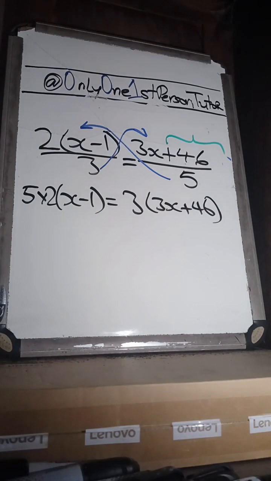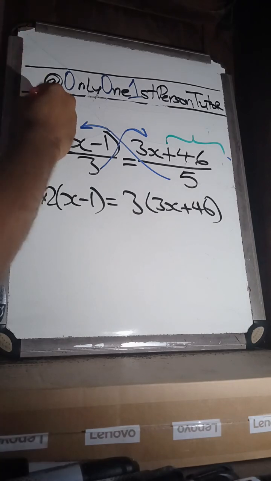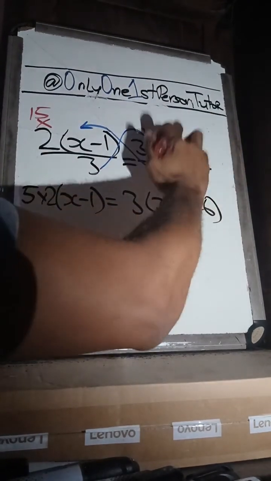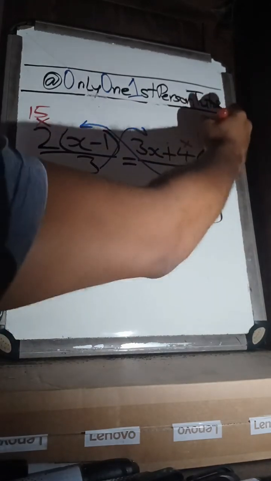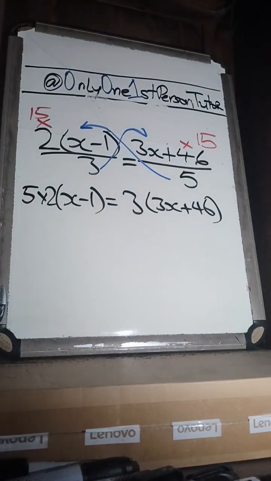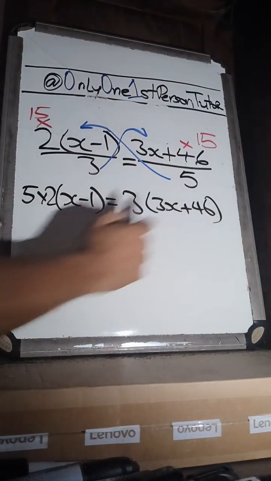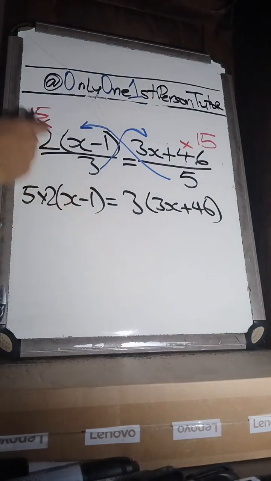So that's one way of looking at it. But then if you multiplied both of them by 15, what would happen? If you multiply this by 15 and this by 15, 15 over 5 is 3 times this, and what? 15 over 3 is 5 times that. So whether we cross multiply, which is the normal way, or we multiply both sides by the LCM, we get the same thing.